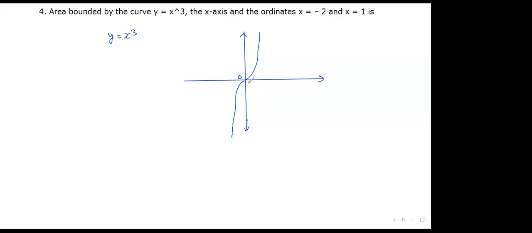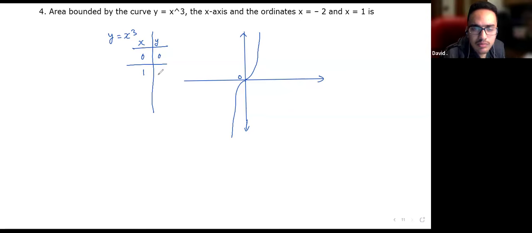In case you do not remember the graph, then in rough work, you will take lots of points. x = 0, y = 0. If you take x equals 1, what will be the value of y? It will be 1 only.